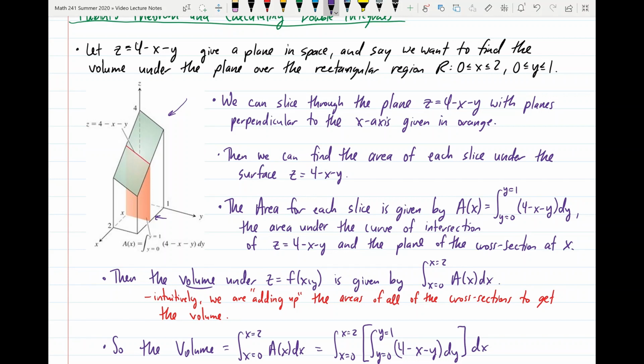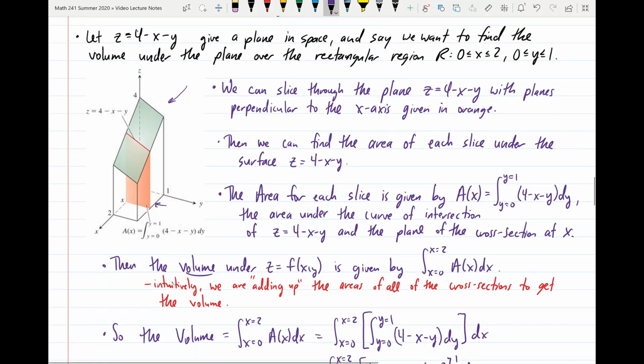And notice that we can slice through the plane z equals 4 minus x minus y with planes that are perpendicular to the x-axis. That plane is given in orange in the diagram here. Once we slice through with that orange plane, we can find the area of each of those cross sections under the surface.